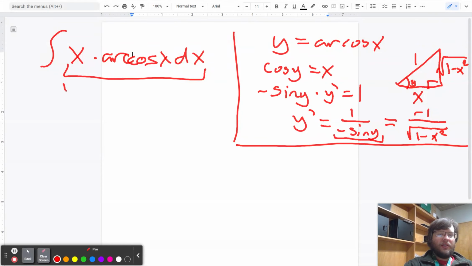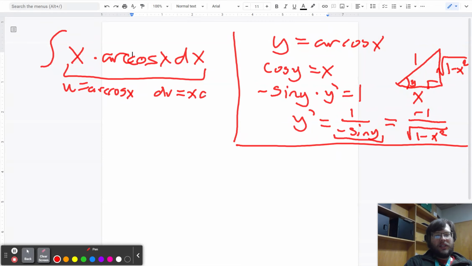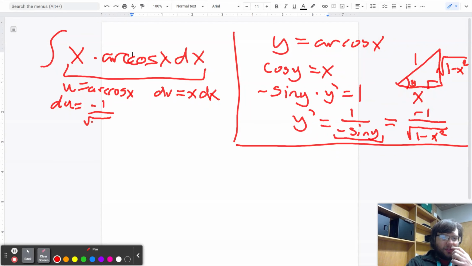I'm going to set u equals arc cosine of x, and dv is x dx. So then du, we just figured it out, is negative 1 over the square root of 1 minus x squared dx. And v is equal to x squared over 2.